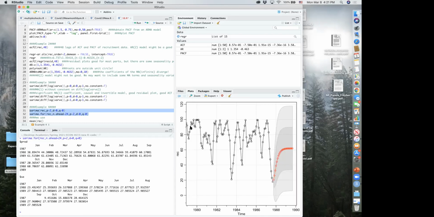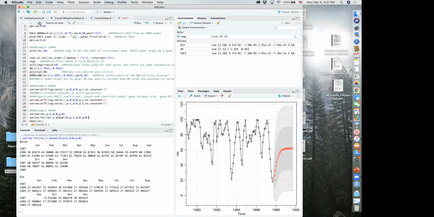The black dots are your raw data, and these red dots are your forecast data. These shaded regions are your confidence intervals. So this is how you use the computer to do the forecasting.